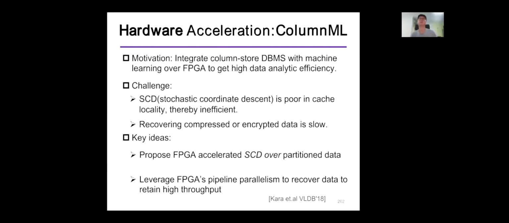And the second challenge is that for the column store, we also need to compress and encrypt the data, so the efficiency is low. So the key idea is to leverage the FPGA to accelerate the SCD and the data compression using its parallelism ability.